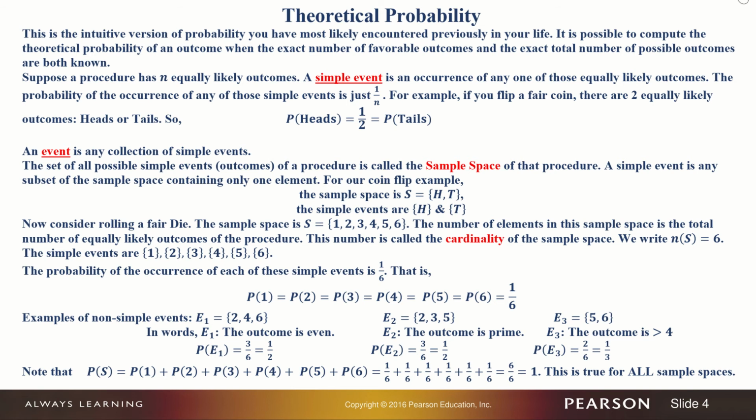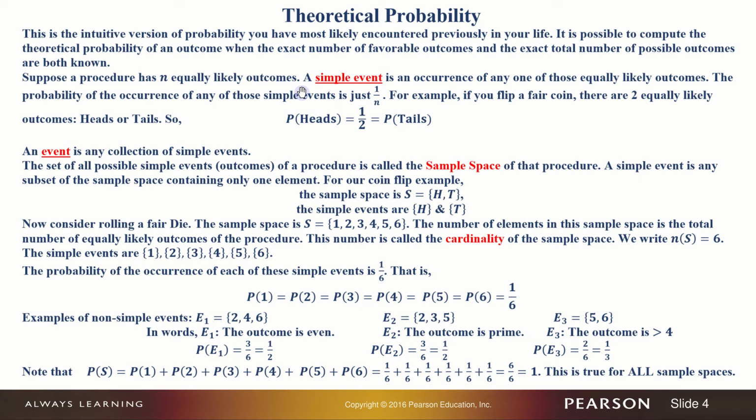First, we'll look at theoretical probability, which is the intuitive version you're probably most familiar with and have encountered in your life. So it's very simple, remember, as we just said, to compute this, as long as you know the total number of favorable simple outcomes and the exact total number of possible, again, simple outcomes. Let's suppose that a procedure has n equally likely outcomes.